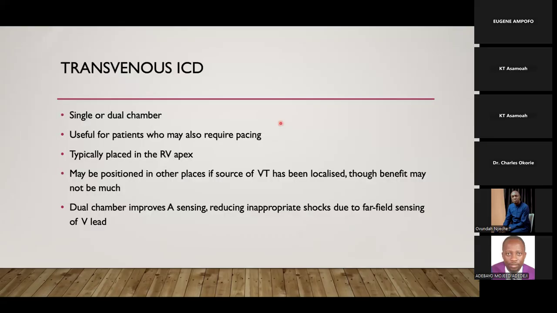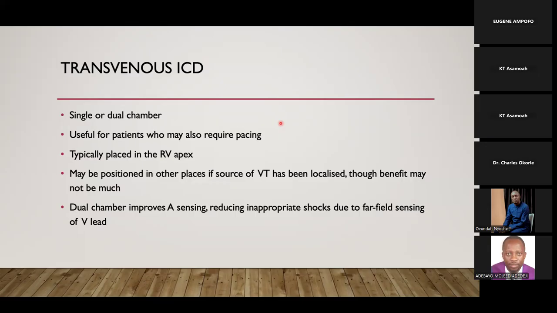Now, transvenous ICDs may be single or dual chamber. So just like pacemakers, you can have a dual chamber ICD. But it's important to remember that the ICD's aim is to terminate ventricular arrhythmias. So even though you may have a dual chamber ICD, the atrial lead is not aimed at terminating atrial arrhythmias.